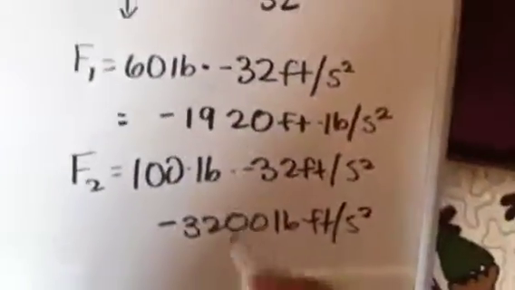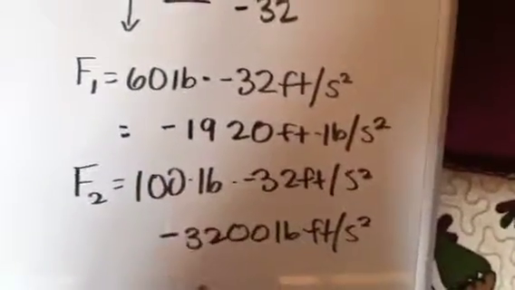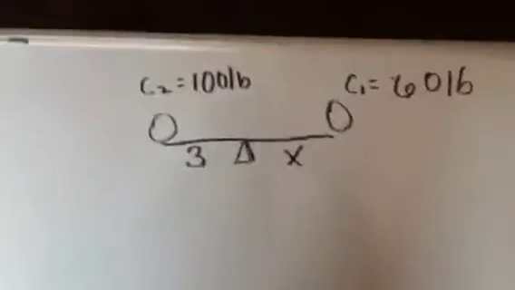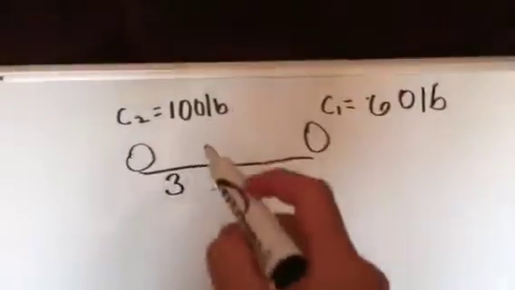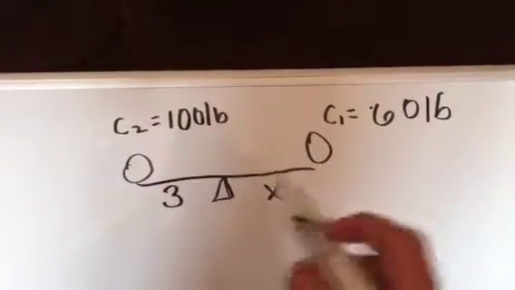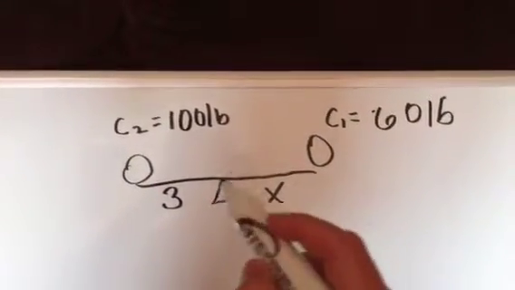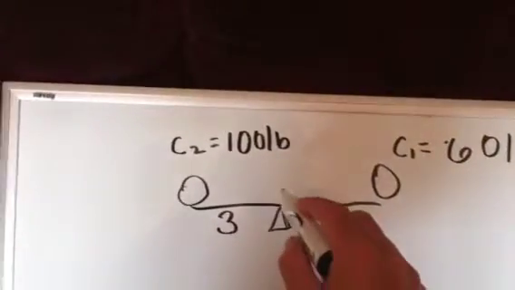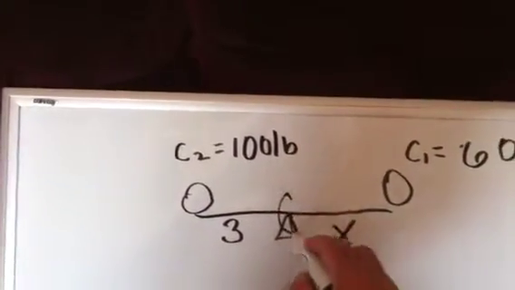Okay, now we see this is the force of child 1, this is the force of child 2. Now, what you must realize is that child 1 and child 2 are creating a torque on this location in the middle, the fulcrum.